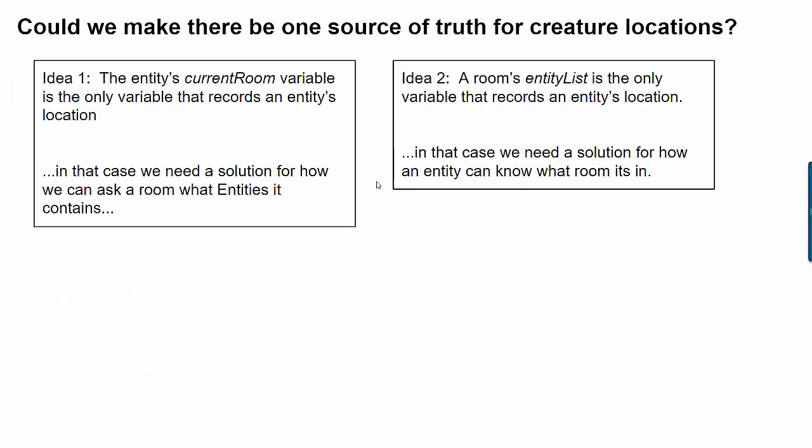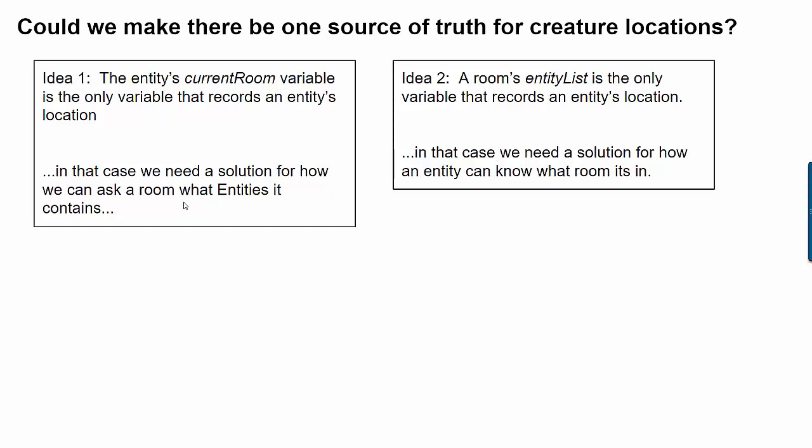So maybe it would be better if there were just one source of truth for creature locations. Our options would be that the current room inside an entity is the only variable that knows where entities are. But in that case, we need a solution for being able to ask rooms what entities they contain.